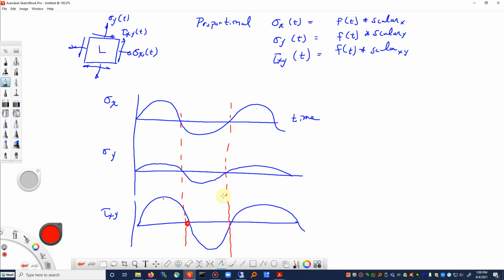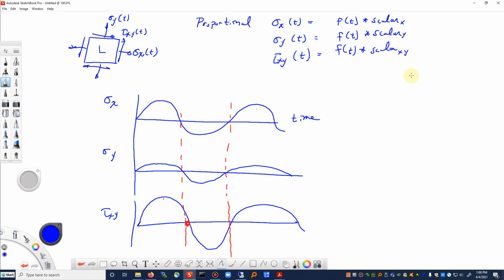It doesn't have to be a sine wave, it could be whatever waveform you have. It could even be variable amplitude loading, but those variable amplitude loadings are all just scaled functions in time from one another. Many times we look at a phase plot to describe what proportional loading looks like.